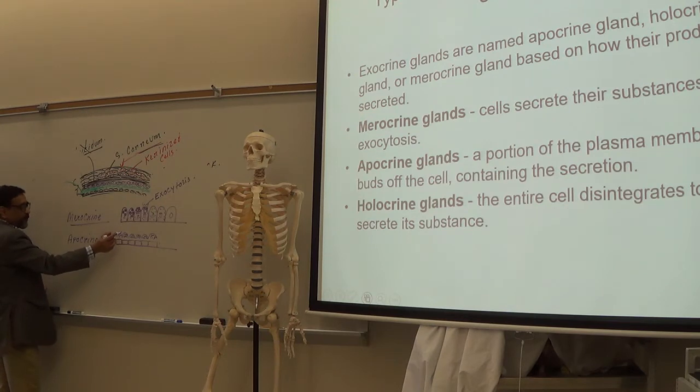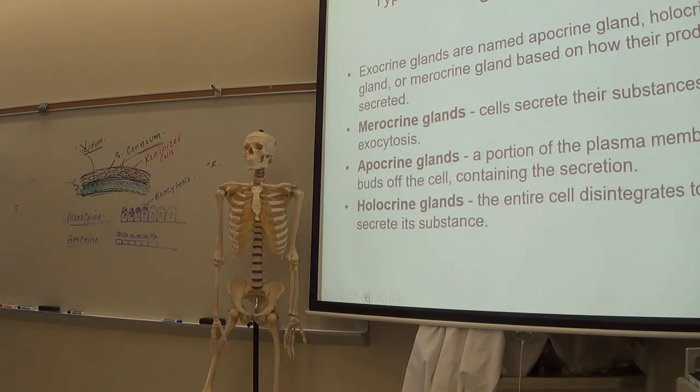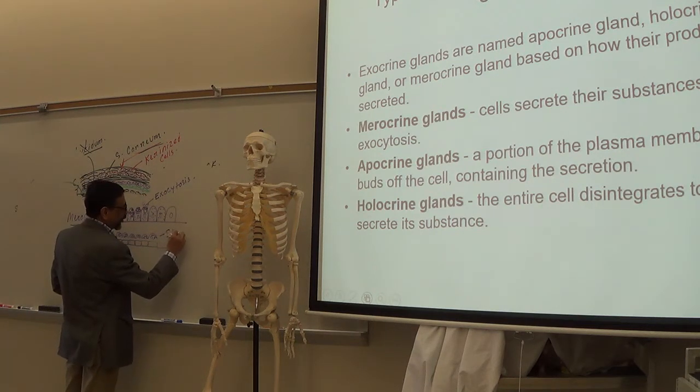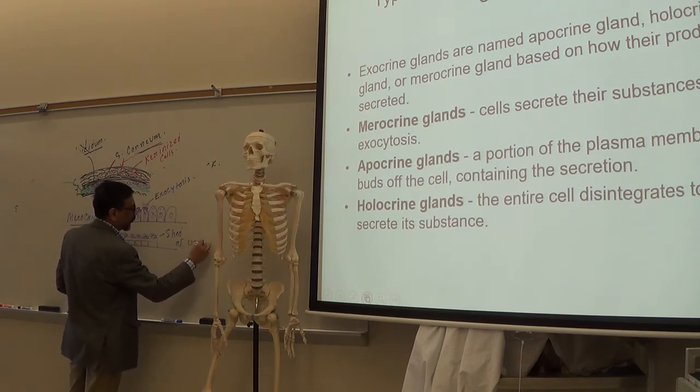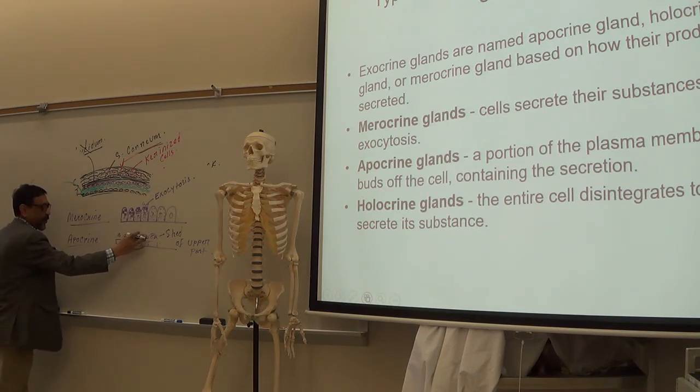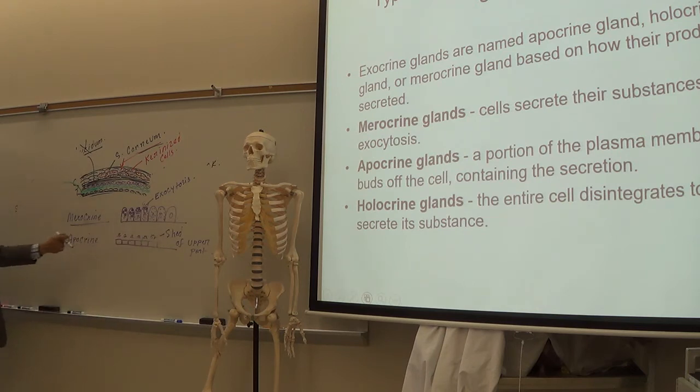This type of release is called apocrine secretion, by shedding of the upper portion of the cells. The cell membrane will be destroyed like this, and chemical molecules are secreted.